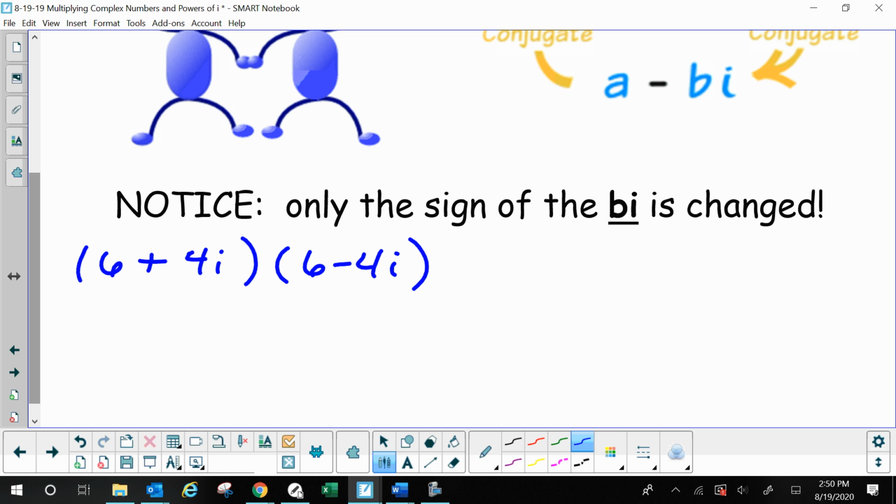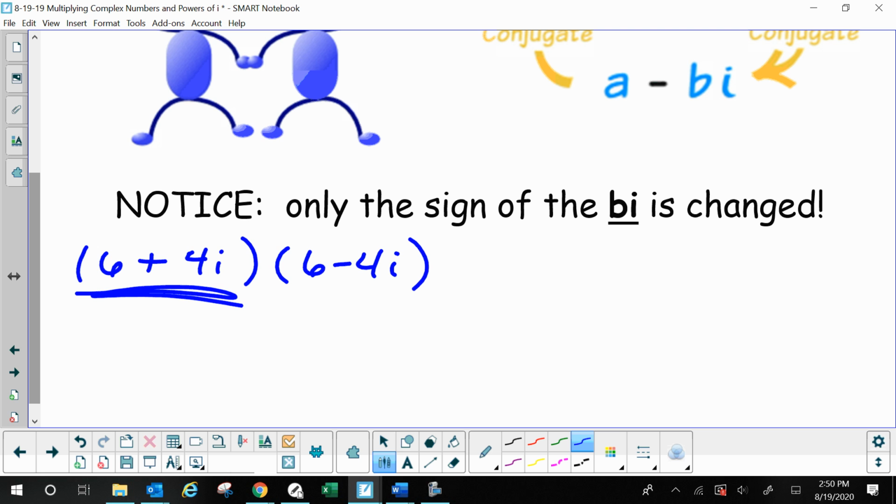Okay? Like when you have difference of squares, where you have something like x plus 4 times x minus 4. I made up this one, and I said, what is the conjugate of that? 6 plus 4i, its conjugate would be 6 minus 4i.